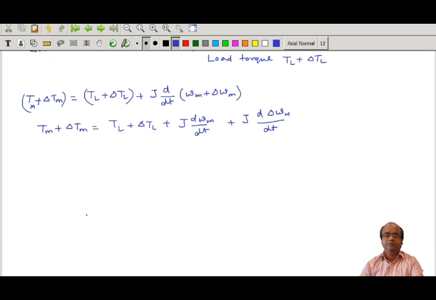Now, what can we write? We know that motor torque equals load torque plus J d omega m dt.